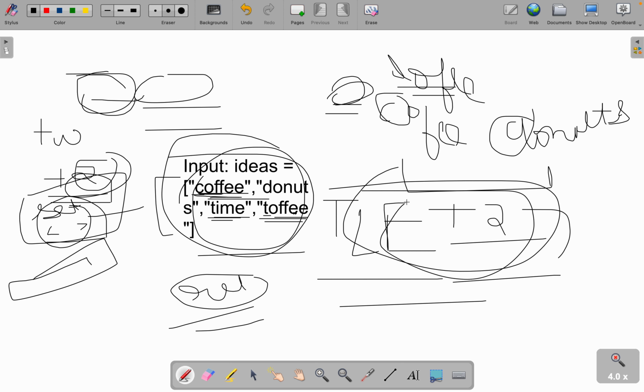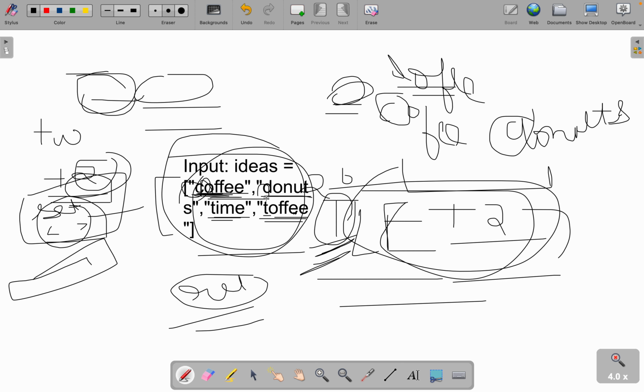So what our approach is that we have to observe that only the first letter is going to swap, and how many possible choices we have for the first letter of each word? 26. Okay. So at the position of coffee, we can have toffee, we can have moffee, we can have boffee. And suppose we are swapping coffee with donuts, and for the position of donuts, what can we have?